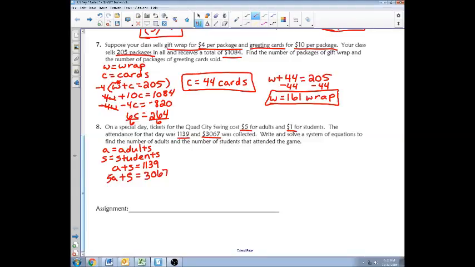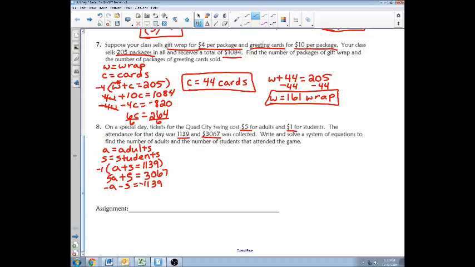Now what's going to happen here is I will need to multiply one of my two equations by something in order to get the opposite coefficient, right? So if I multiply my top by -1, I would end up with -A minus S is equal to -1139, right?